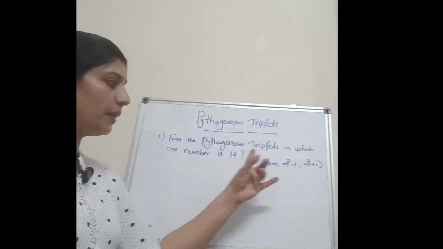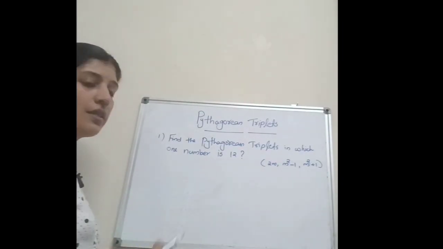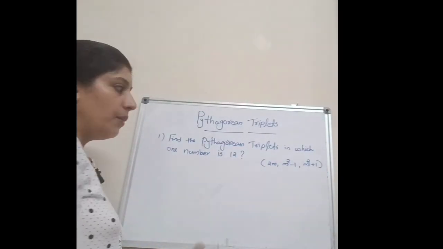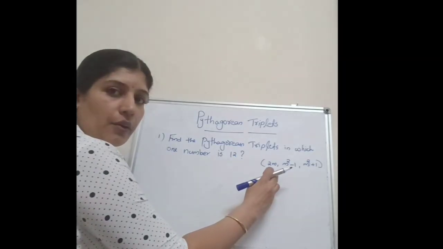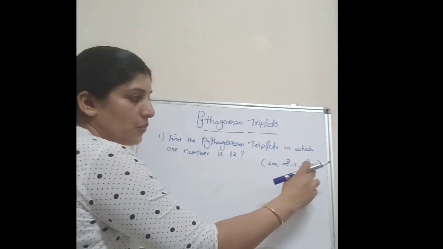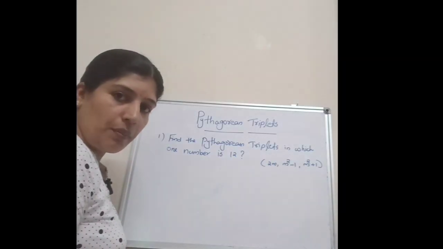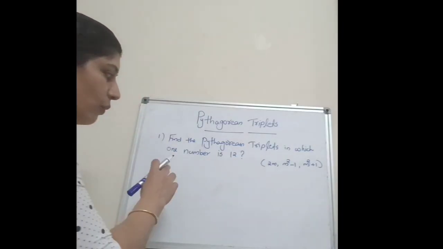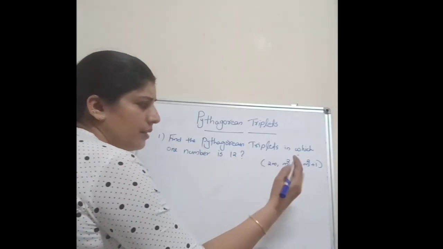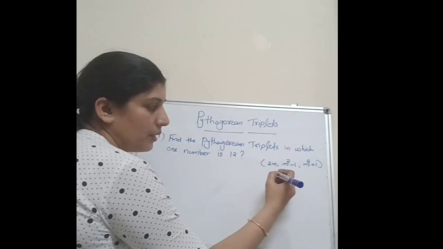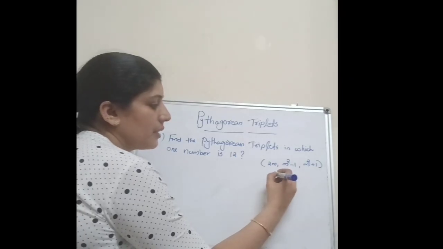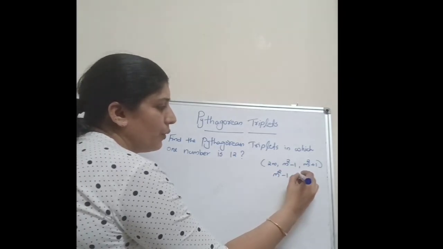And next, find the Pythagorean triplets in which one number is 12. Pythagorean triplets are of the form 2m, m square minus 1 and m square plus 1. Now here one number is given. Let us first consider m square minus 1 equal to 12.